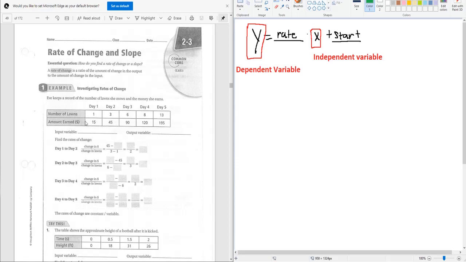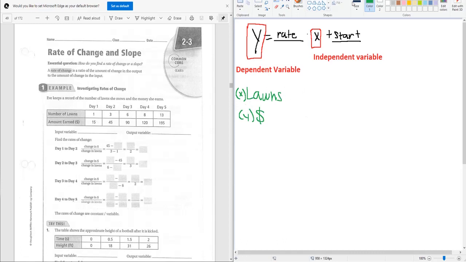But let's compare the variables. So we have lawns and money. I've already told this in class, money's always y. There will never be a time when money is necessary to do anything. It's just something that we want, but it's not necessarily something we need.